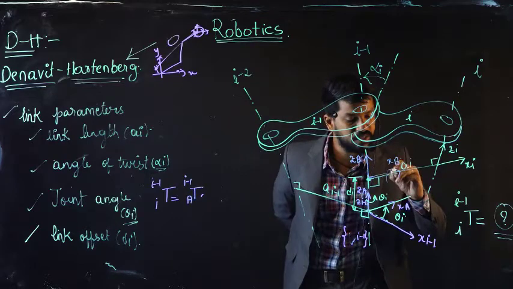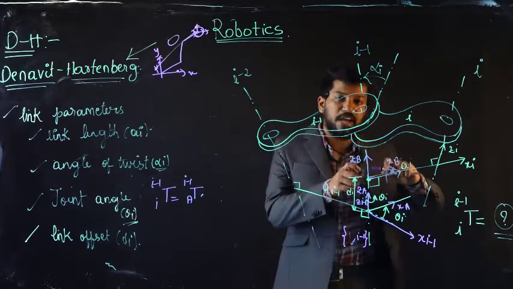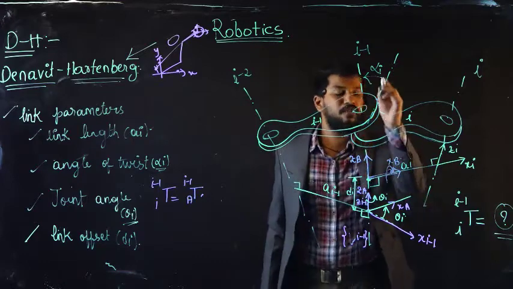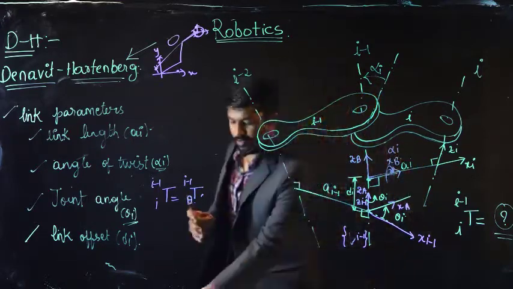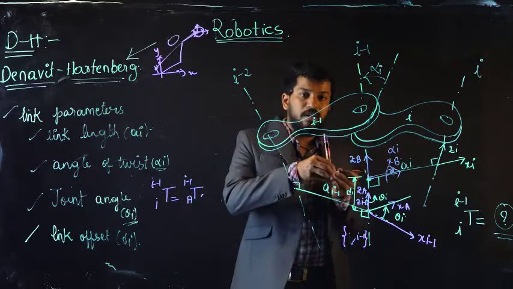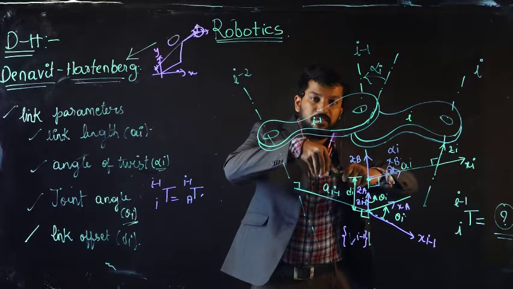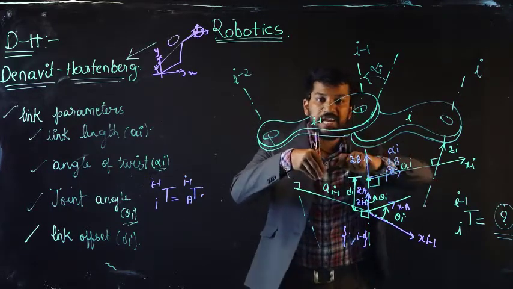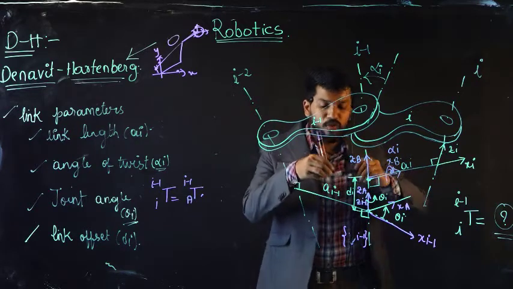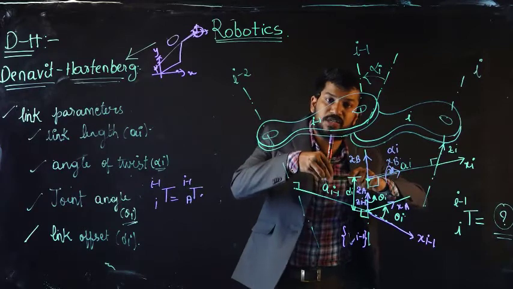If I twist xb to a certain angle of alpha i, so that the x position won't get changed, only the z axis angle will get changed. So however much angle of twist you maintain for x, in the same way z will get oriented.